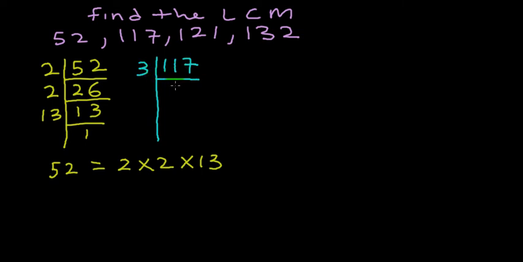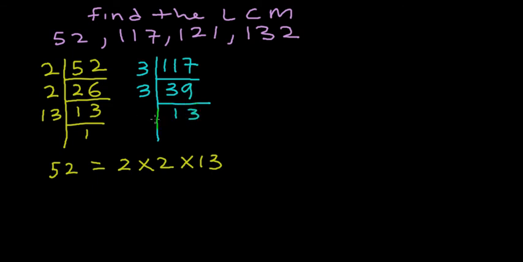3 in 11, that's 3. Remainder, that's 3 divided 9. Remainder 2. 3 in 27, you get 9. Okay, then 3 can still divide. 3 in 3, 1. 3 in 9, 3.